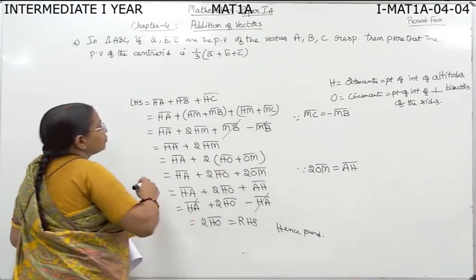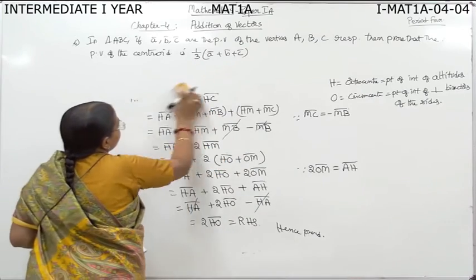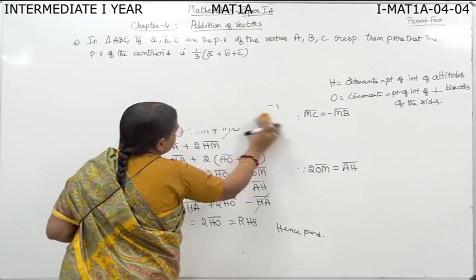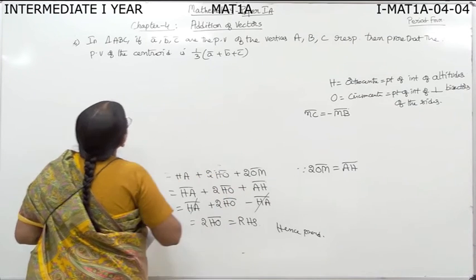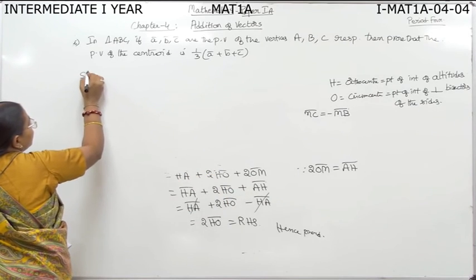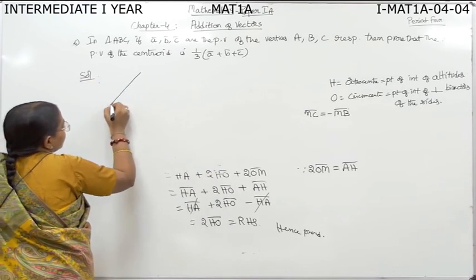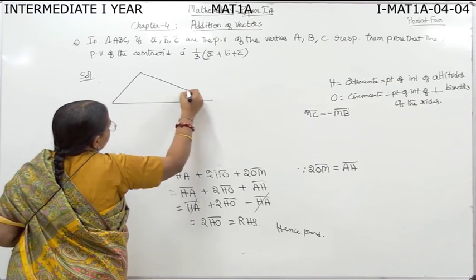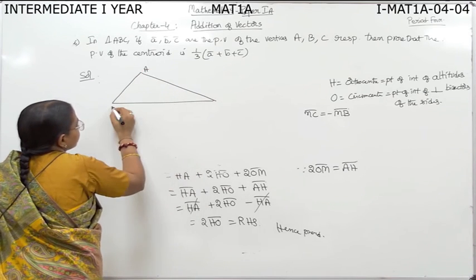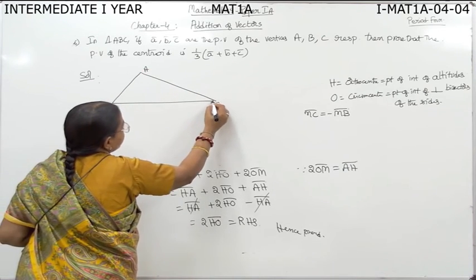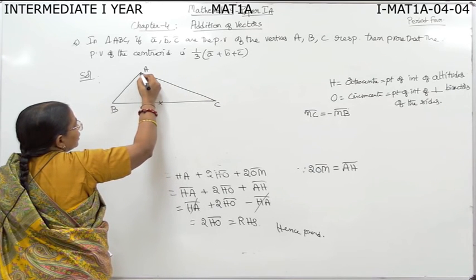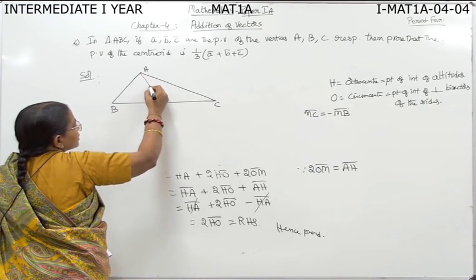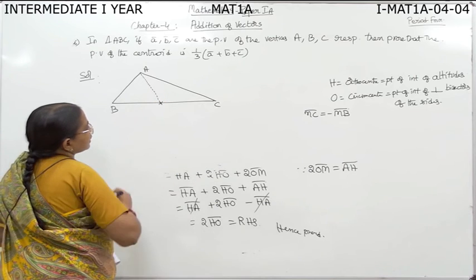This is very simple. We'll take the triangle ABC. What is the centroid? The centroid is the point of intersection of the medians. What is a median? You take one midpoint and then you join the opposite vertex with the midpoint of the base like this.